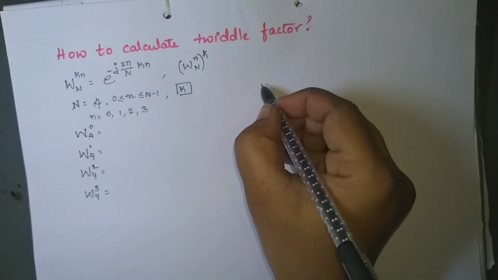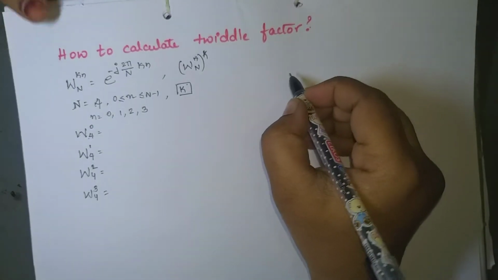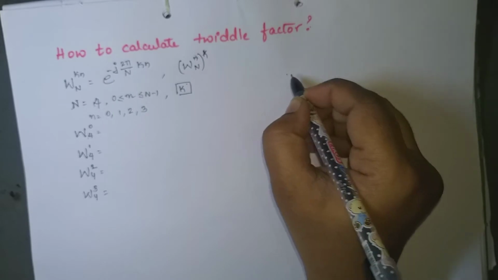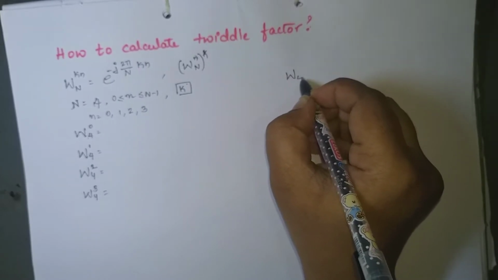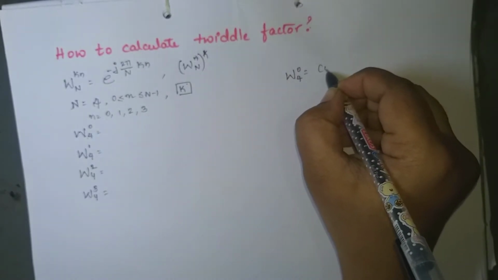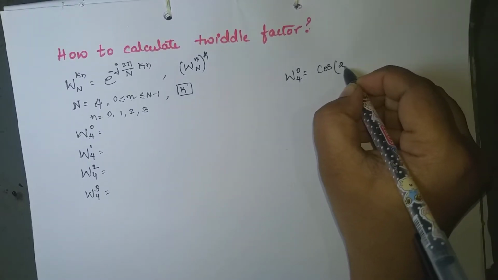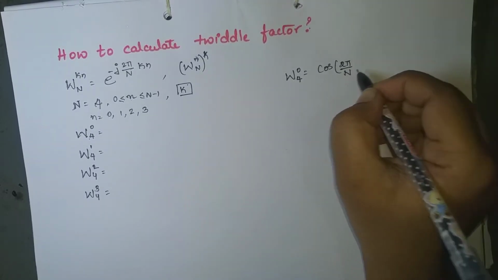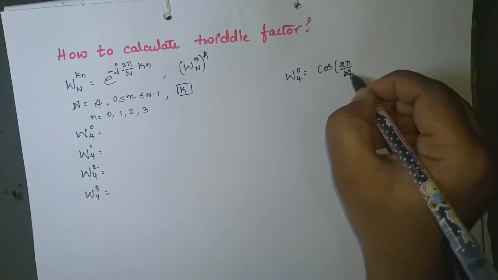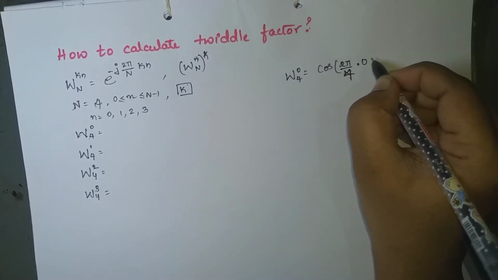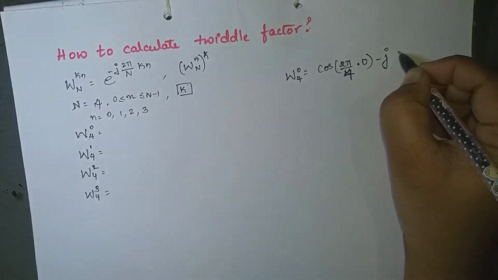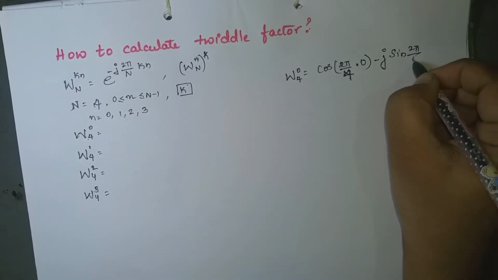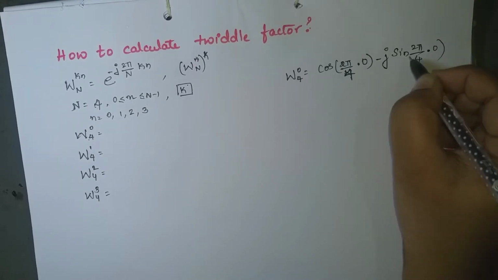Now let me analyze what I need to calculate actually. W4^0 is nothing but cos of 2 pi by N, N is 4, so 2 pi by 4 into 0, minus j into sine of 2 pi by 4 into 0.